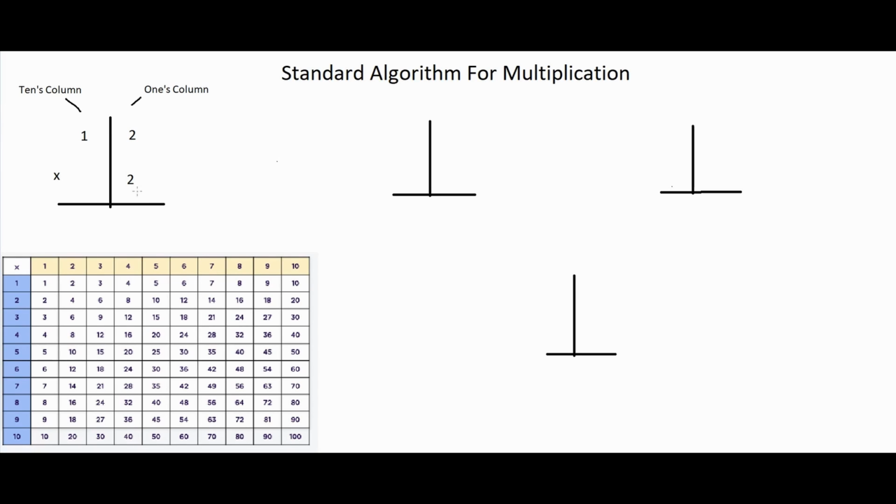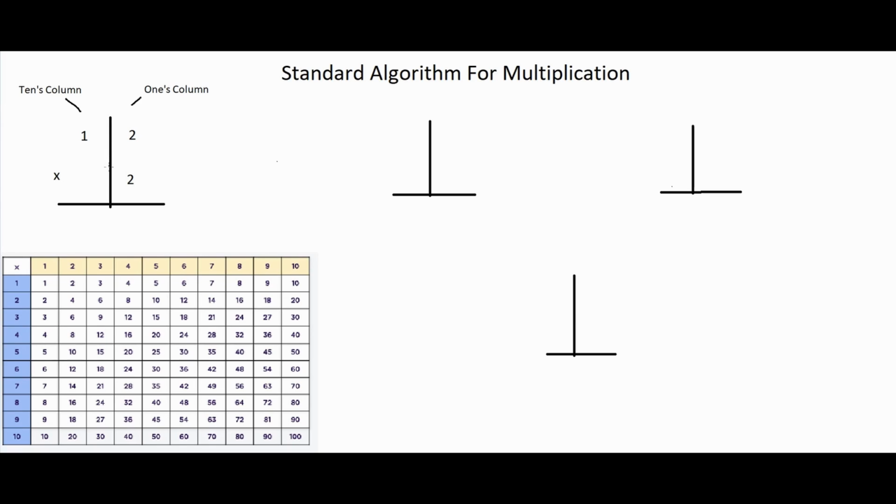So if we look at this example, the whole problem is 12 times 2. Last time we only learned single digit multiplication, and I'm pretty sure you are familiar with the standard algorithm because my first 2 videos were on it.